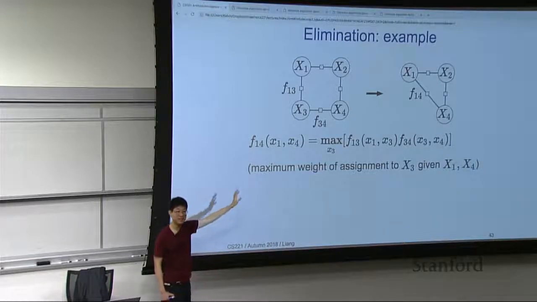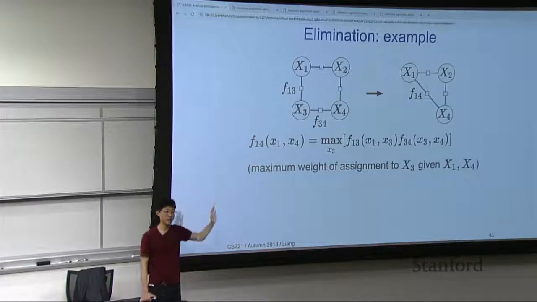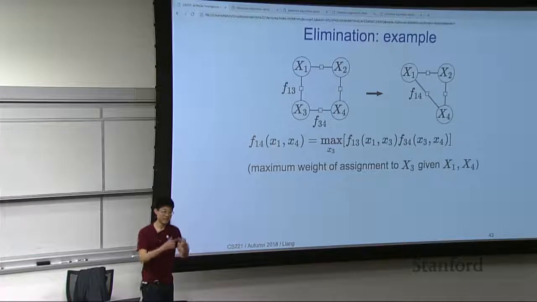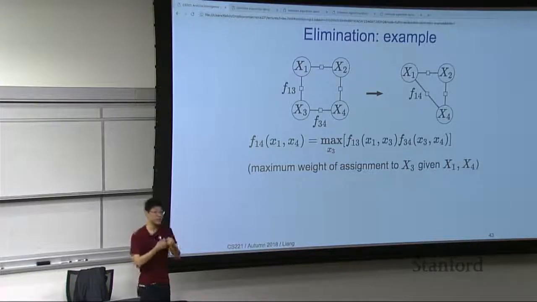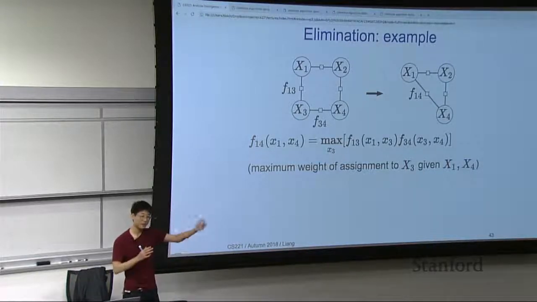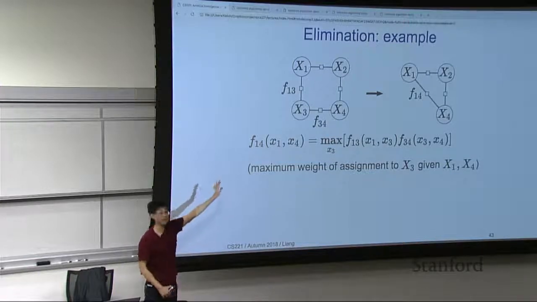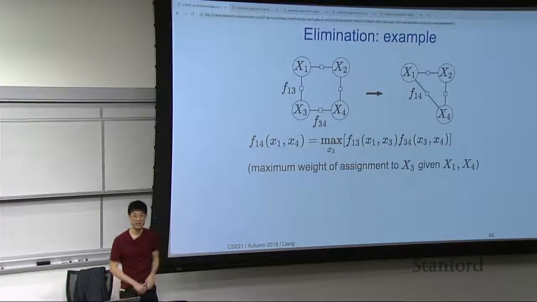And in elimination, that's what is always going to happen. The variable you eliminate, you look at all the factors that it's connected to, and you merge them into one big factor. And that big factor will be connected to all of the neighbors that you could directly reach from the variable that you eliminated.